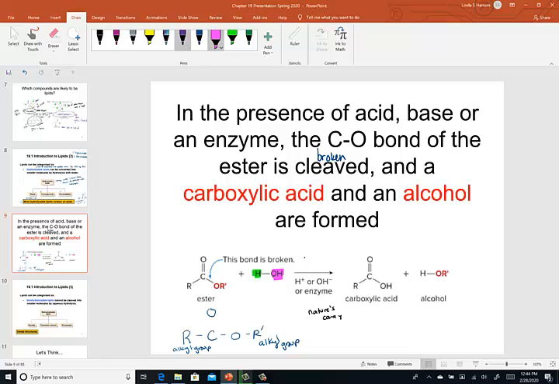And now when I break this bond, that's what hydrolysis does. It breaks that bond. Hydrolysis, adding water to break a bond. The OH produces the carboxylic acid, and the H from the water produces the alcohol. That's the process known as hydrolysis.